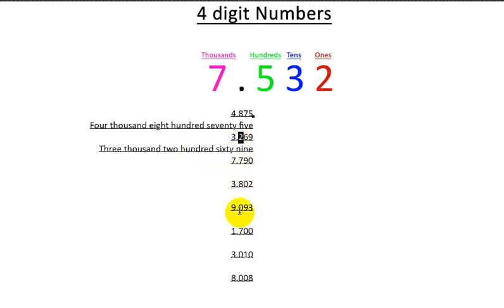See? Here there isn't anything here, so I'm just going to say 9,000 and pretend there's nothing here and read the rest of the numbers. So 93, 9,093. And that's basically what I do with the rest. Whenever there's a 0, I just pretend that there's nothing there.